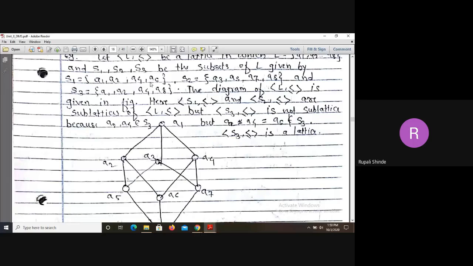Okay. Now consider another pair of elements, A4 and A6. What is the greatest lower bound here?